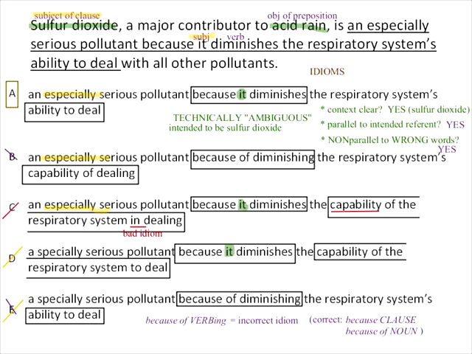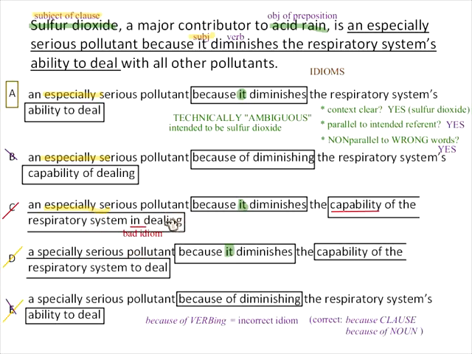And then "capability to deal" is not right. It's "ability to deal." It's usually a capability of and an ability to, although I'm not sure on this one. I'd have to look at other problems involving capability to really make a judgment here.